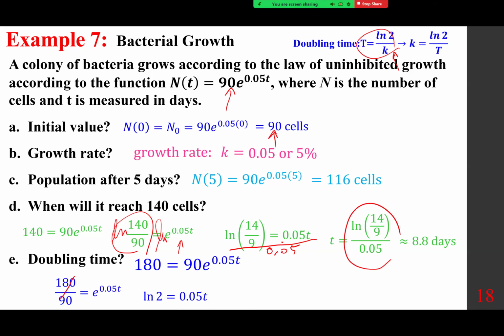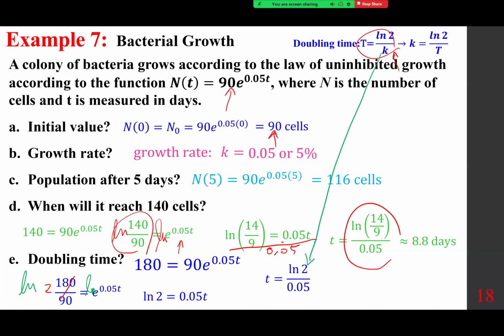Right? And then you say natural log of the left is natural log of the right. And you get ln2 equals 0.05 t. We just established that it becomes what we have known all along.